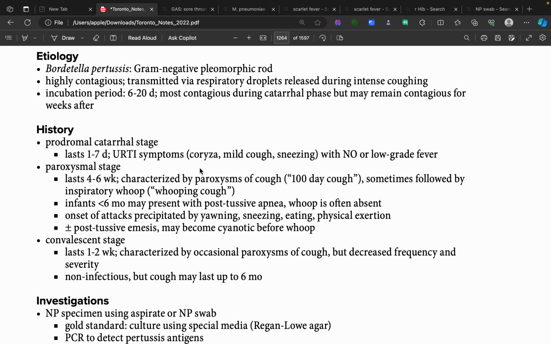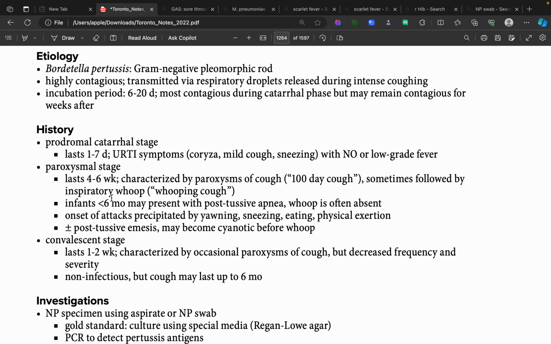So the paroxysmal stage lasts between 4 to 6 weeks, so it is too long, characterized by paroxysms of cough, sometimes followed by inspiratory whoop.